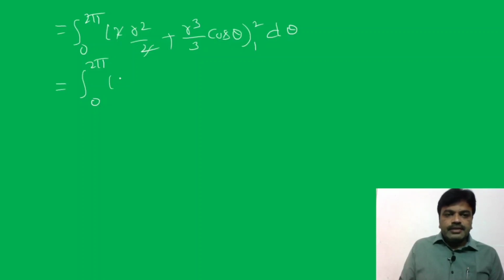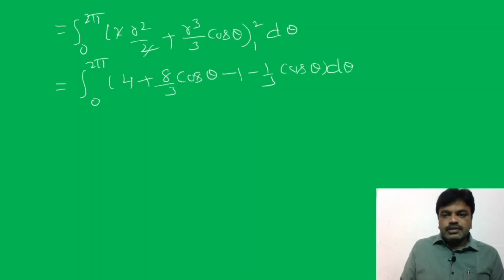we get 2² = 4, plus 2³ = 8/3 cos θ, minus substitute the lower limit 1, minus 1/3, 1³/3 means 1/3 cos θ, into dθ.